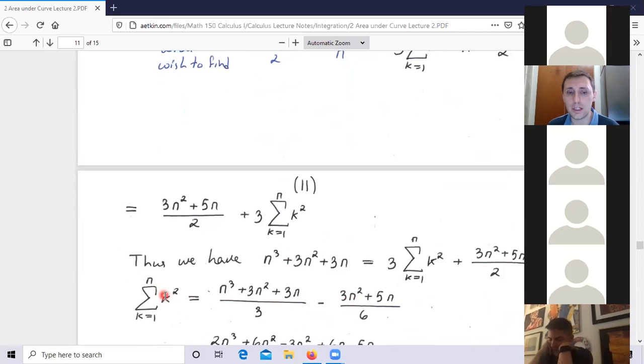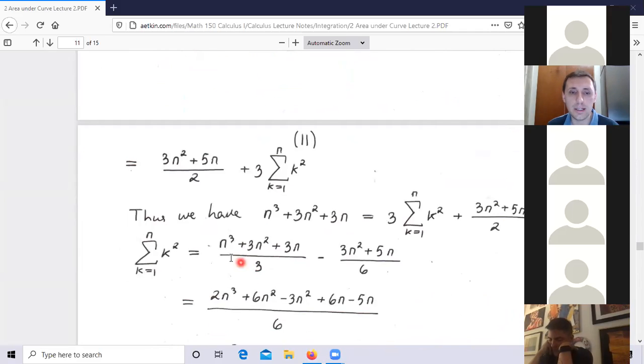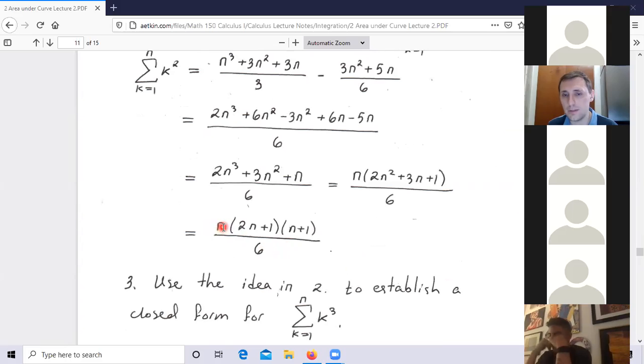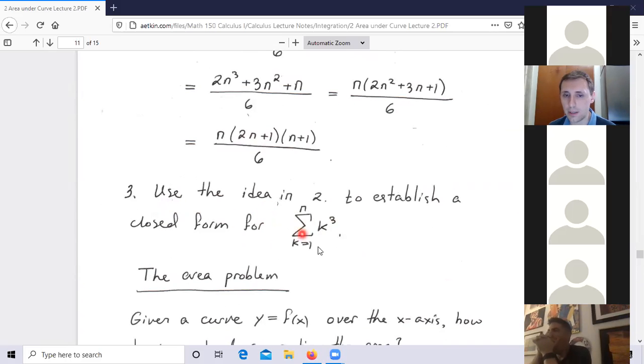So then when I just readjust, I see that it's n cubed plus 3n squared plus 3n divided by 3 minus 3n squared plus 5n divided by 6. When I carry out the algebra, I obtain this formula: n times 2n plus 1 times n plus 1 over 6. Okay, so how do you know if you understood it? You do it on your own. And there is this question, you should try to see if you can carry this idea and find the exact sum of the k cubes.